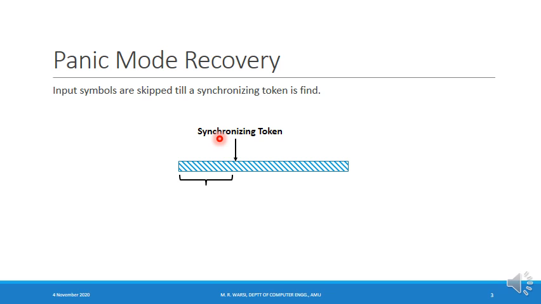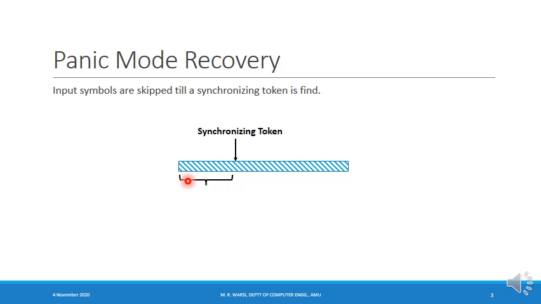from the input buffer. Let us assume that this is what we currently have in the input buffer, and this is currently the next input symbol, and the parser has generated error for this input symbol. And let us also assume that this is the part which is erroneous.